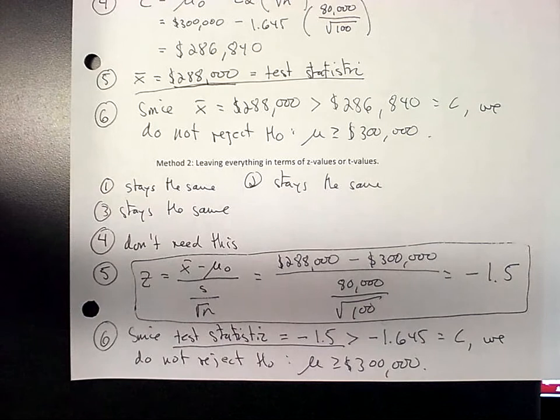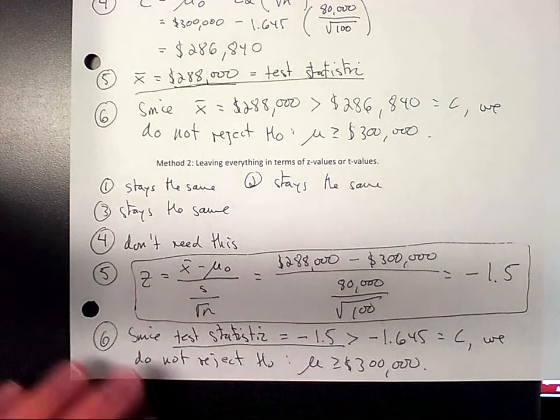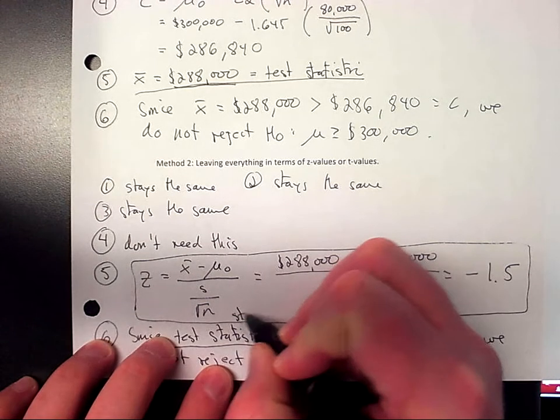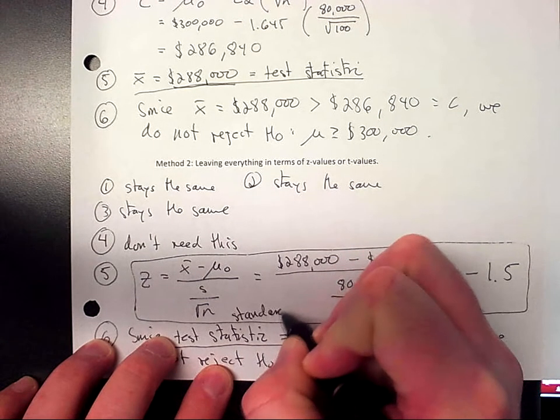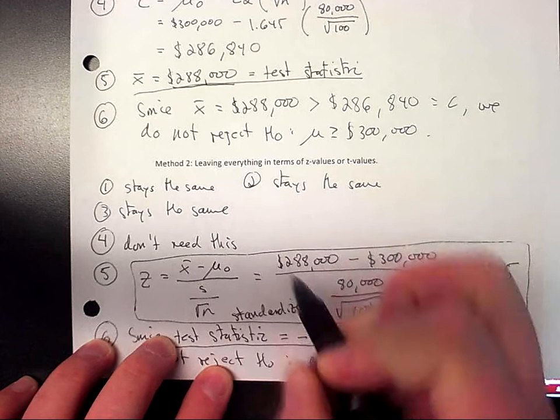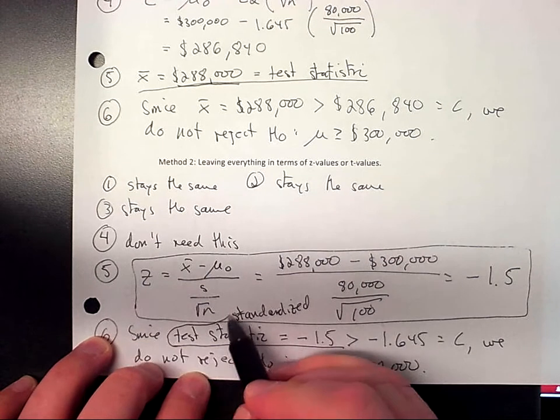So one time we're calling a z-value a test statistic, the other time we're calling something that here is in dollars a test statistic. So technically speaking, the distinction is that we're going to call something that has units our test statistic. And once we convert it to a z-value, we're going to call this our standardized test statistic.